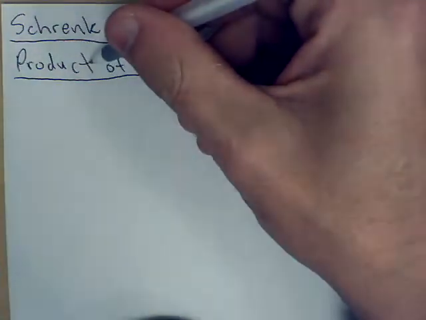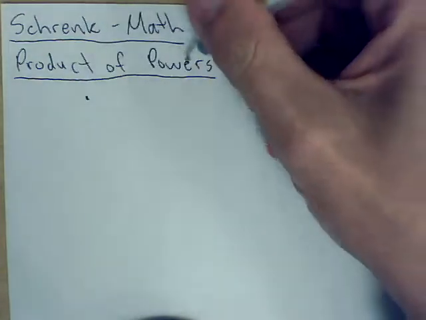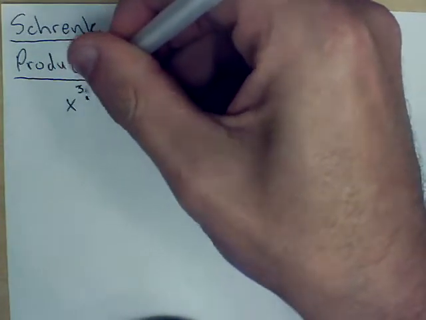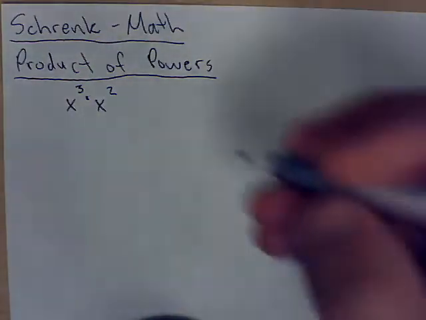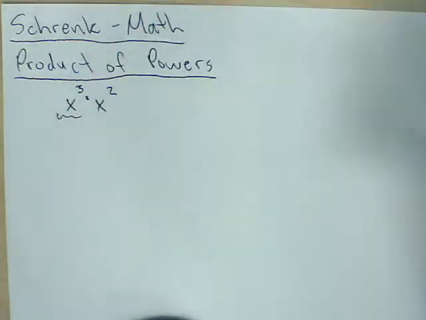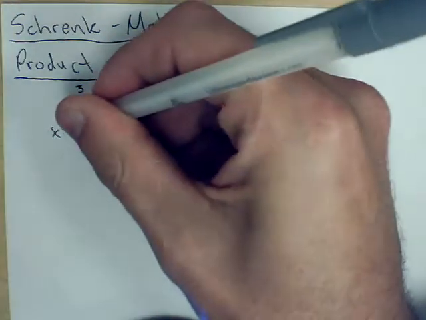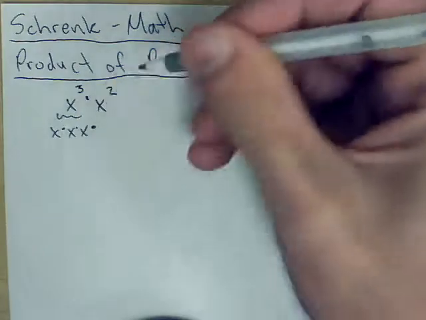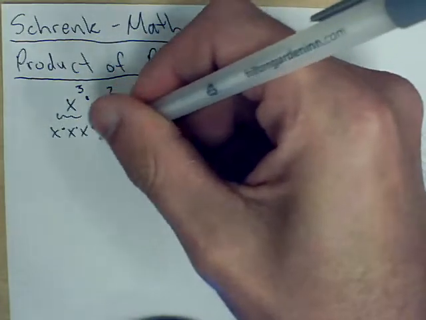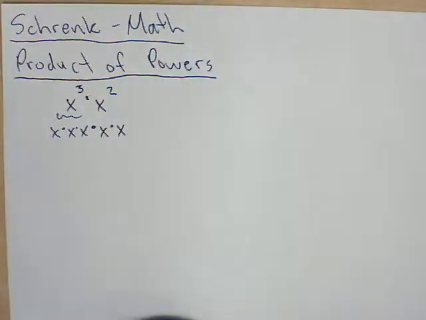We are talking about the product, so what we're going to be doing is multiplying two powers. X to the third times x squared. Now, fundamentally, think of what this means. X to the third power means x times itself 3 times, and x squared means x times itself 2 times.